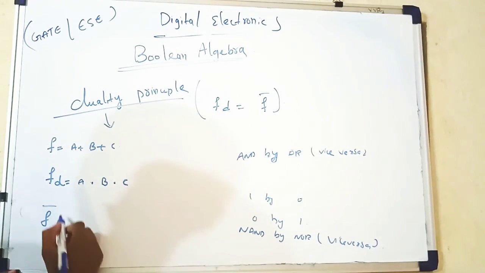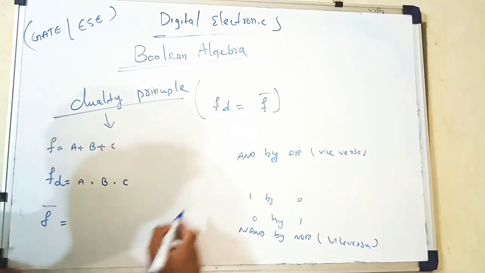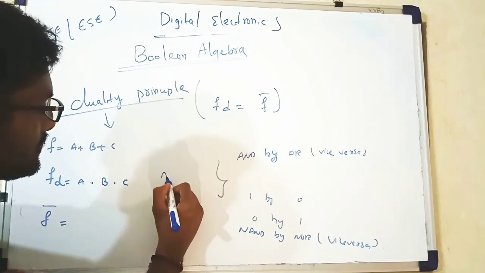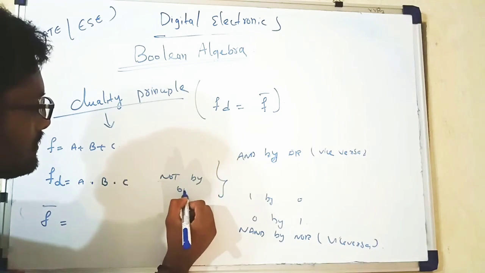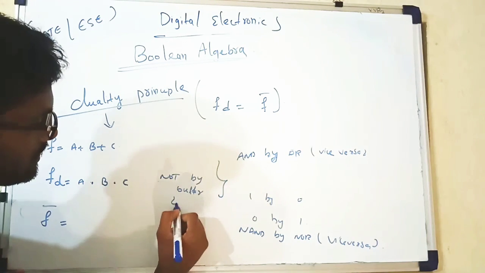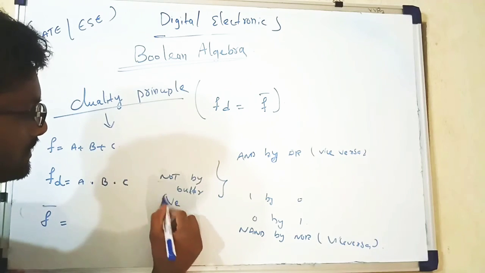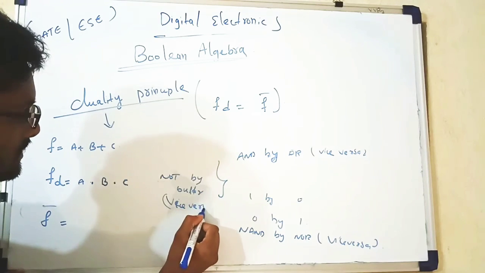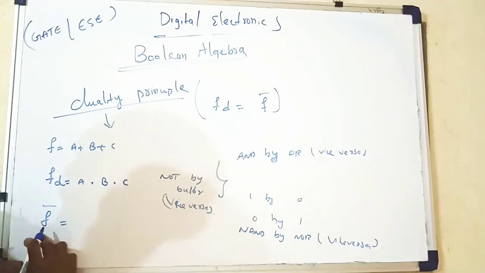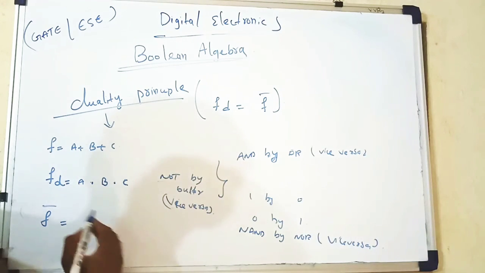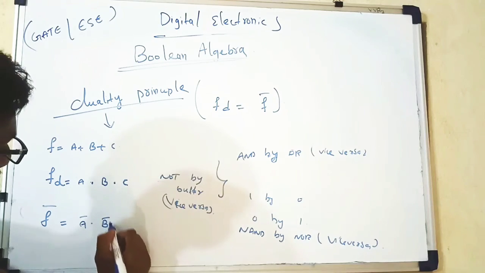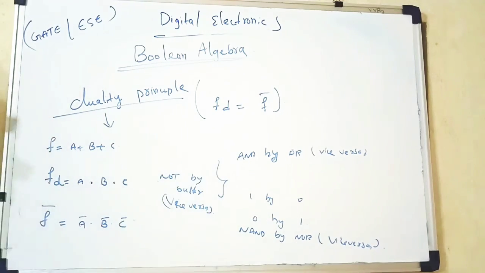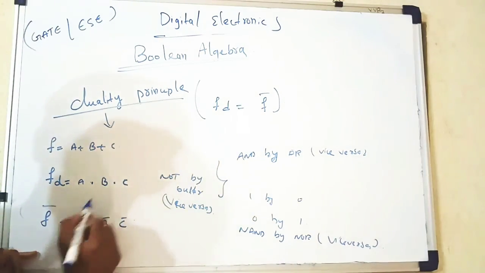Now if you want F bar from the dual, just apply NOT by buffer or vice versa. This is included for finding the NOT. F bar is nothing but just change A to A bar, B to B bar and C to C bar. This is the F bar.